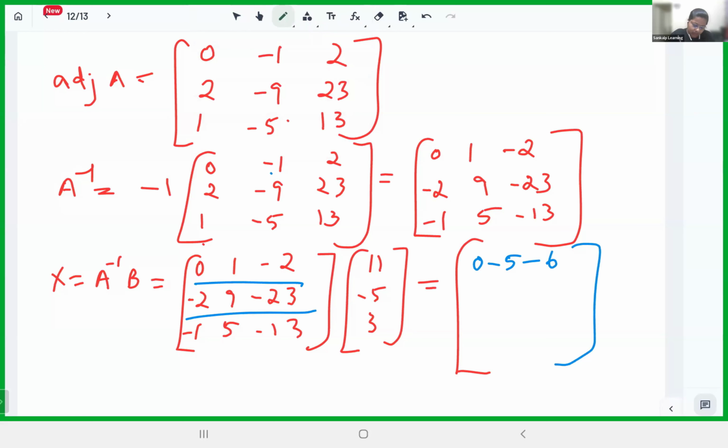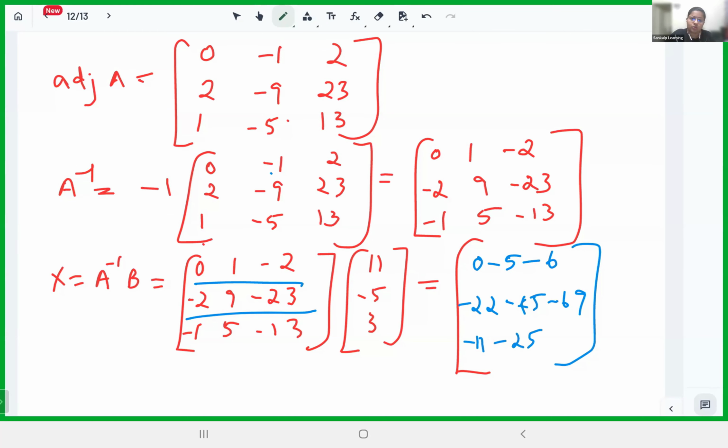Now, second one is minus 2 into 11 is minus 22. Then 9 into minus 5 is minus 45. Minus 23 into 3 is equal to minus 69. Now, minus 1 into 11 is minus 11. Plus, minus 5 into 5 is 25.